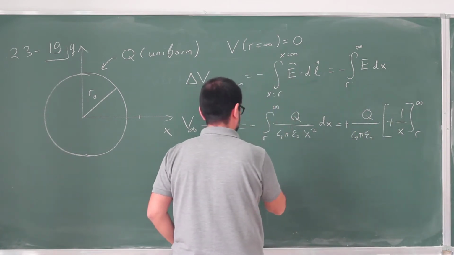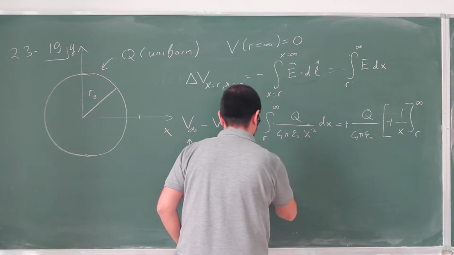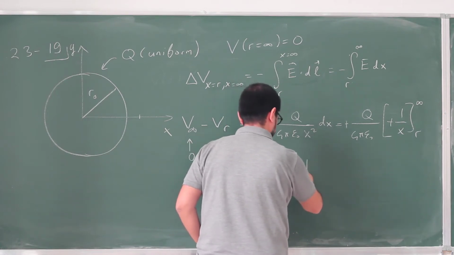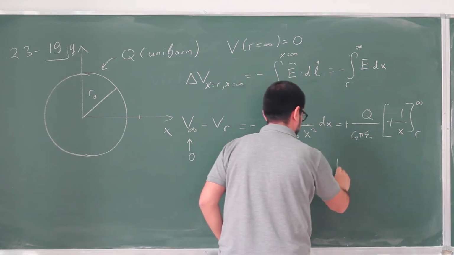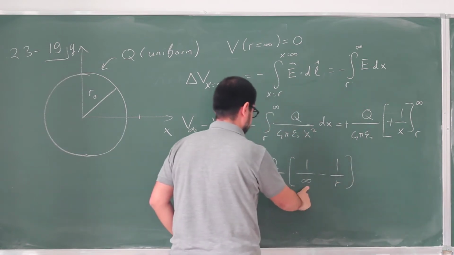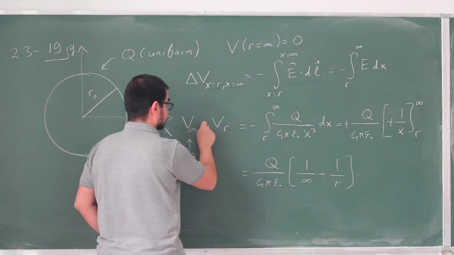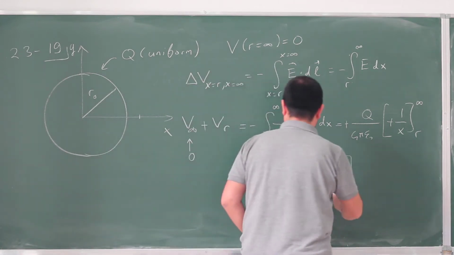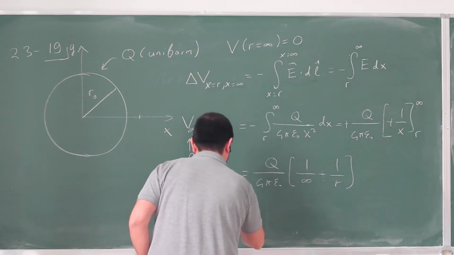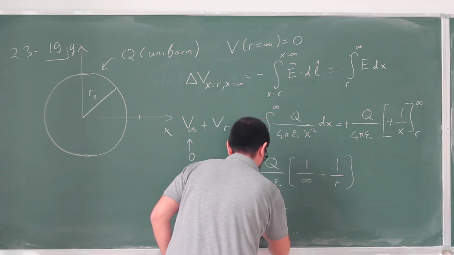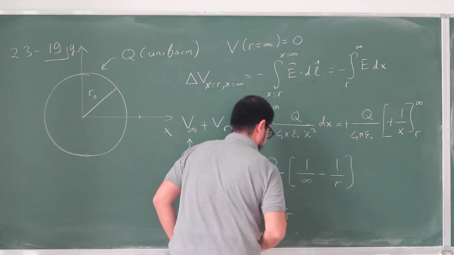And this becomes q over 4 pi epsilon naught times 1 over infinity minus 1 over r. This is of course 0, and now this minus cancels this one, and we get V of r is equal to q over 4 pi epsilon naught r.